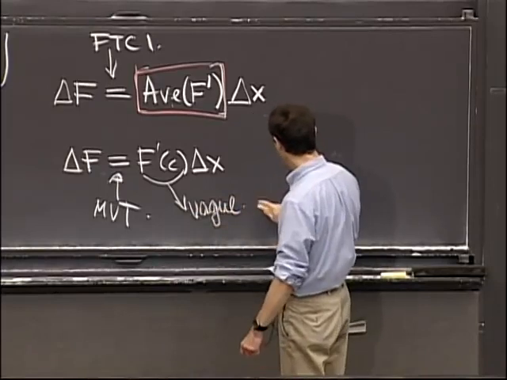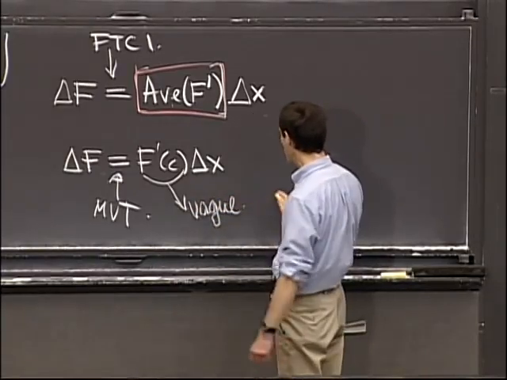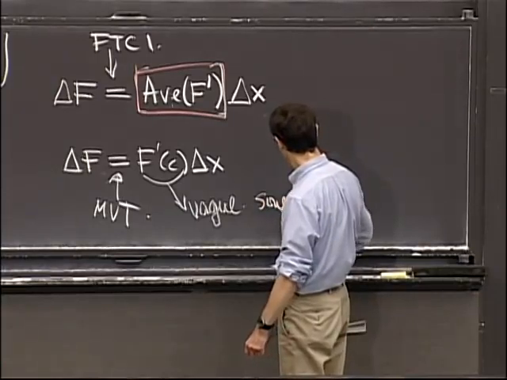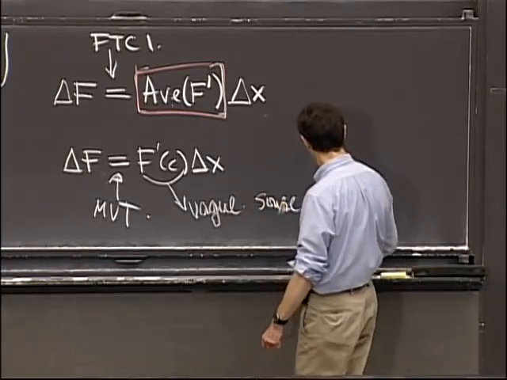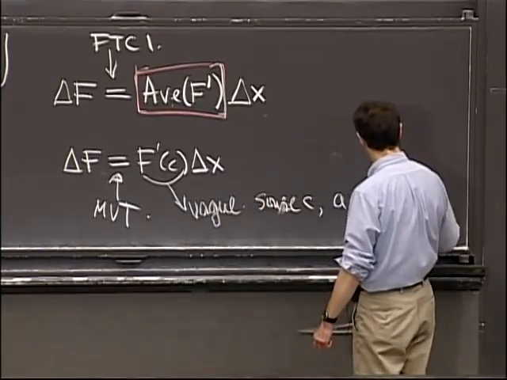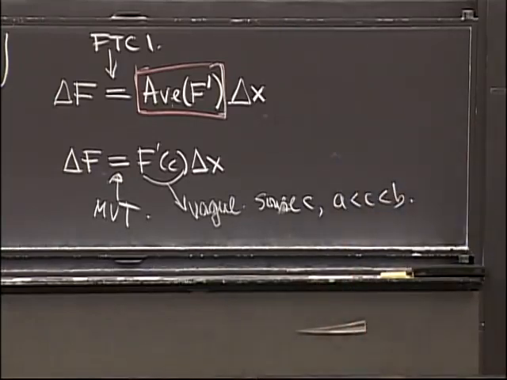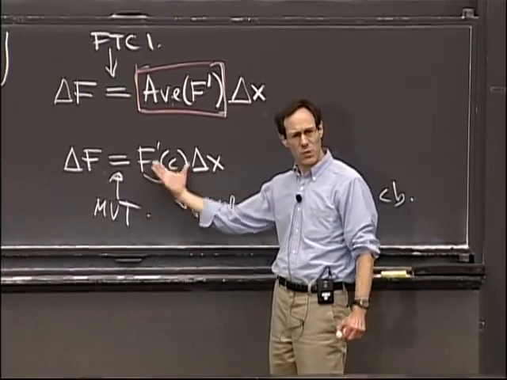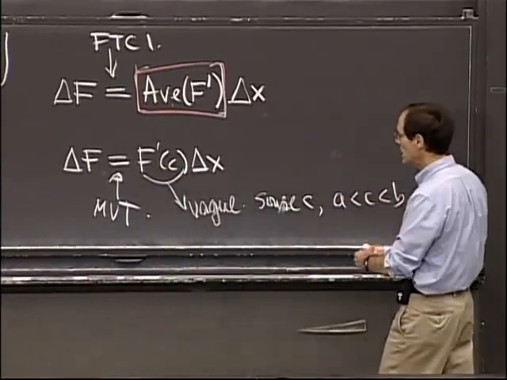The reason why it's vague is that c is just somewhere in the interval. So some c, sorry, this is some c in between a and b. So really, since we don't know where this thing is, we don't know which of the values it is, we can't say what it is.